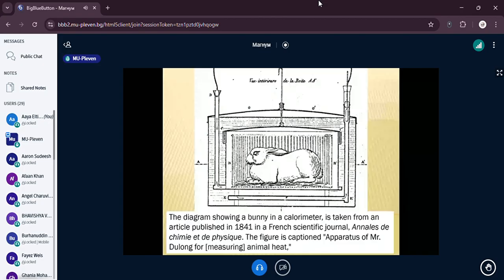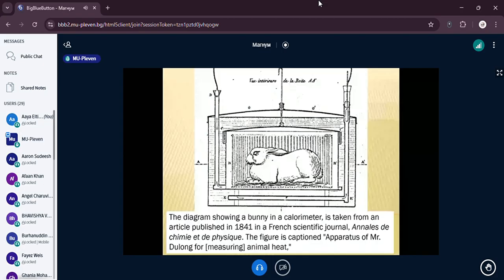And if the food being fed is burned in a calorimeter, the heat of combustion can be preliminarily known. And if the heat of combustion is equal to the heat released by the burning, this means that we can prove the validity of the first law of thermodynamics.